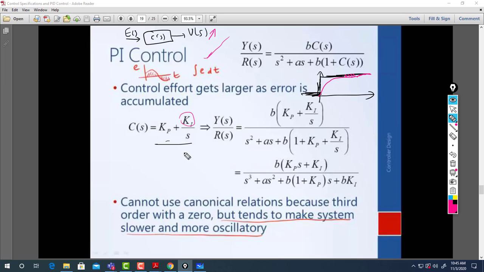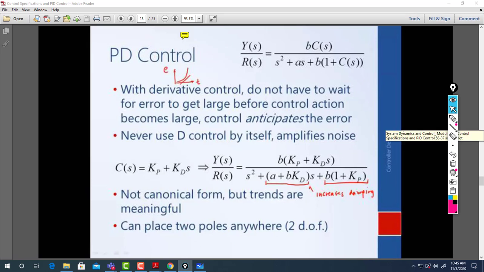So then we saw in the previous slide that the derivative term improves the stability, but amplifies the noise. Maybe you didn't see it clearly, but yes, the derivative term improves the stability because it anticipates the error, and that's how it improves the stability.